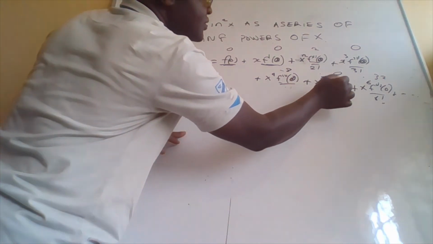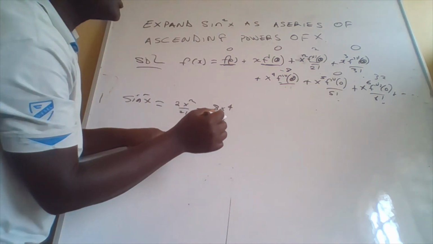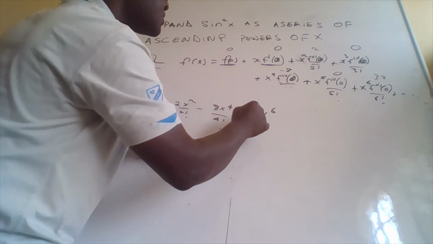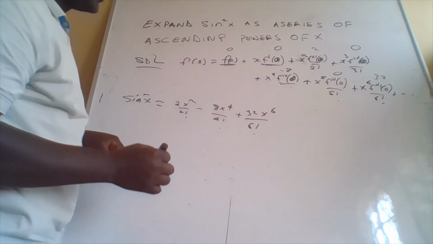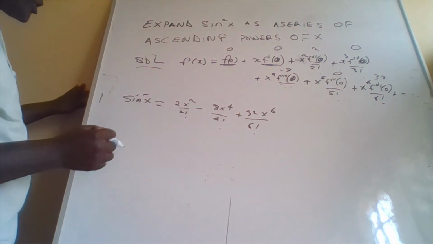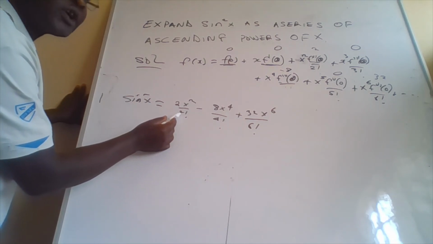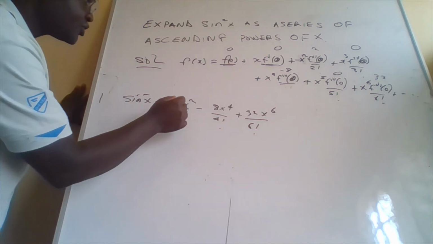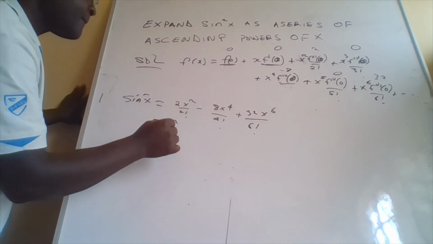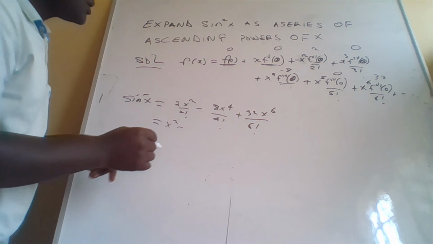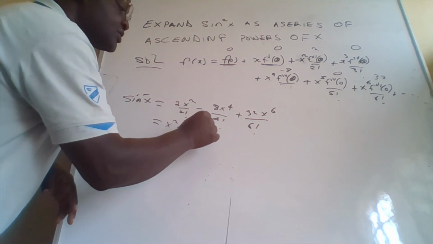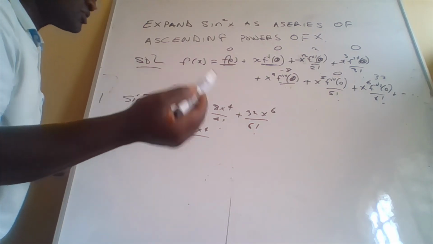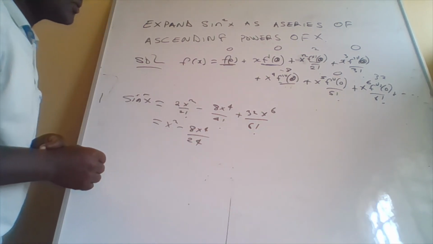This is 0, this is 32, so we have plus 32x to the 6 all over 6 factorial, and it continues like that. 2 factorial is the same as 2 times 1, so 2 divided by 2, here we remain x squared minus 8x to the 4 all over 4 factorial, which is 4 times 3 times 2 times 1, which is 24.